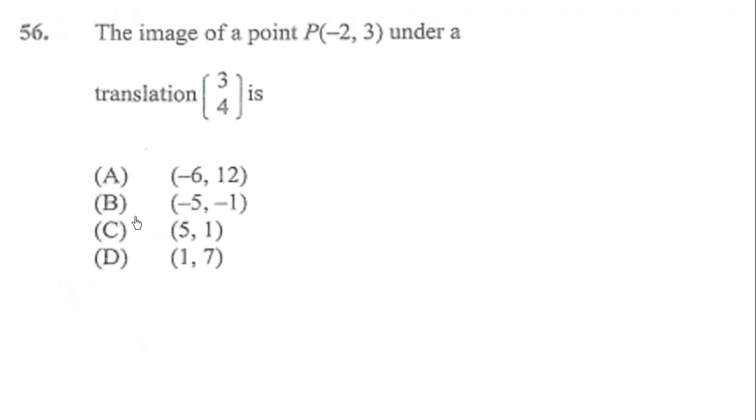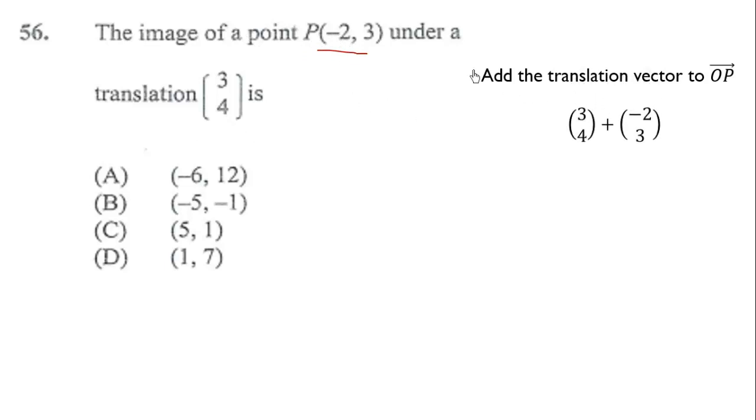Now let's proceed with question 56. The image of a point, this point (-2, 3), under a translation (3, 4) is. So to find the image of this point under this translation, we just add the translation vector to a position vector corresponding to P, which means we have to write P as a column vector.